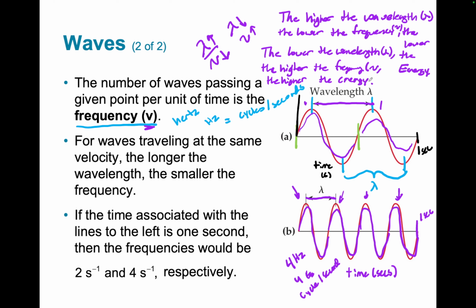So the higher the wavelength, the lower the frequency and the lower the energy. With the lower the wavelength, the higher the frequency and the higher the energy. Okay? Those are key points that you need to know right there.